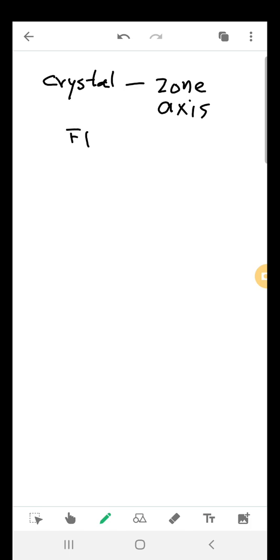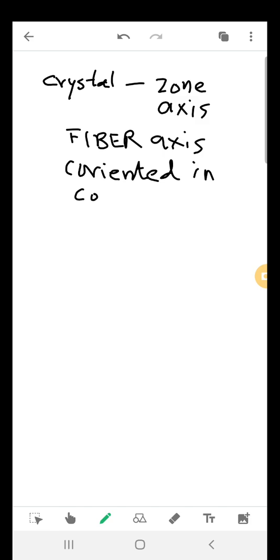The crystals tend to have a particular zone axis, and they are oriented in a common direction called the fiber axis.